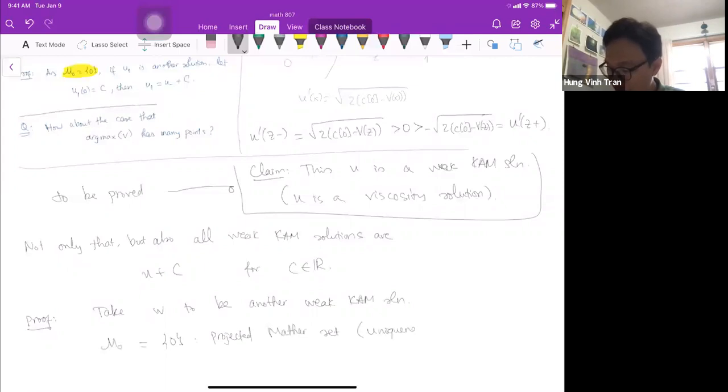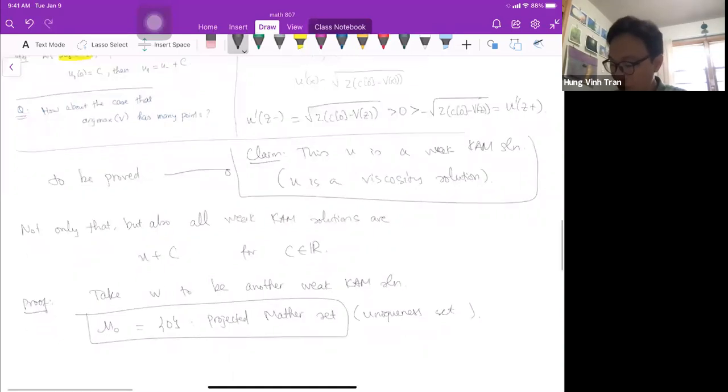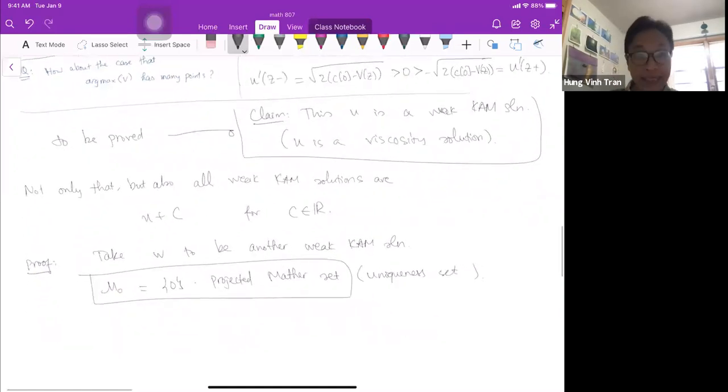So I proved to you a very important result, that this projected Mather set is the uniqueness set, right? So if you take w to be any weak KM solution, you can compare w with u at the point 0, right? So you can just take w of x plus u of 0 minus w of 0. So you just add a constant, right? So it's still a weak KM solution.